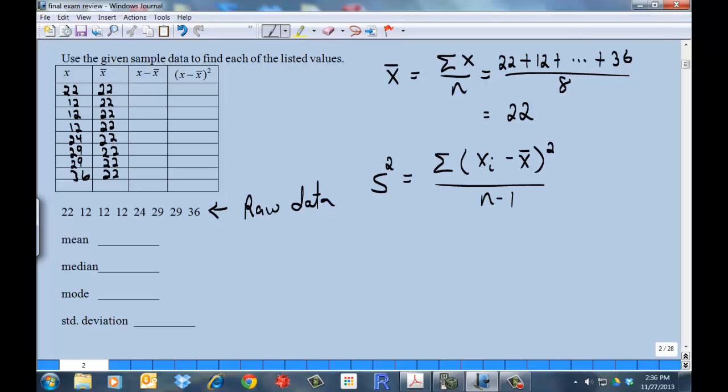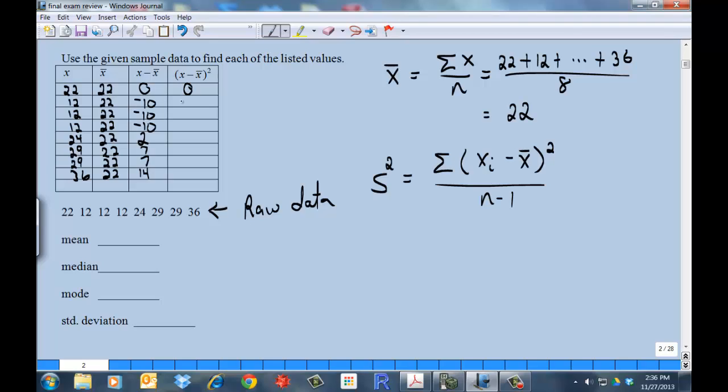So we're going to take 22 minus 22 and get 0. 12 minus 22 gives us minus 10, and minus 10 here, minus 10 here. 24 minus 22 gives us 2. 29 minus 22 gives us 7. 29 minus 22 gives us 7. And 36 minus 22 gives us 14.